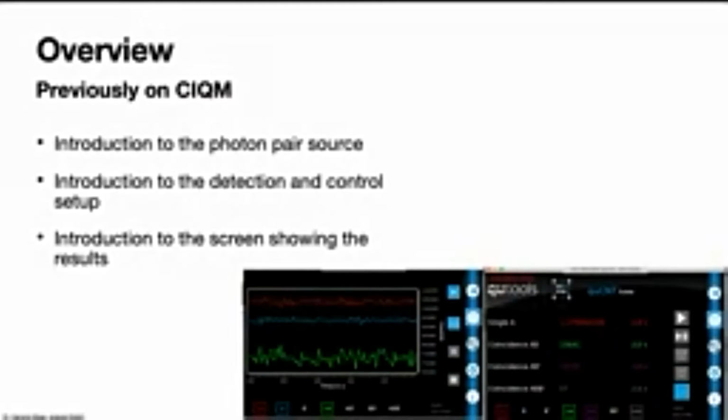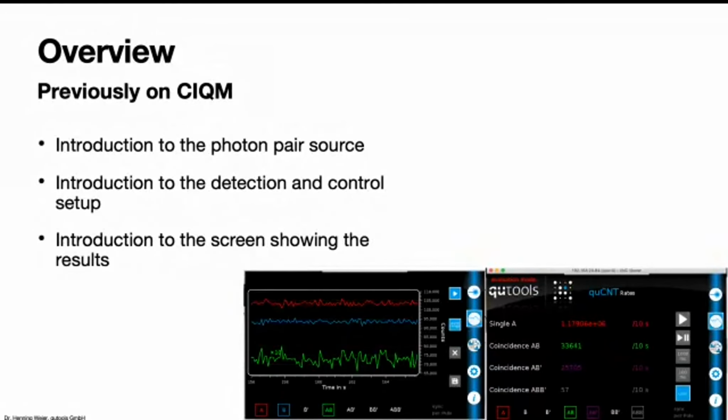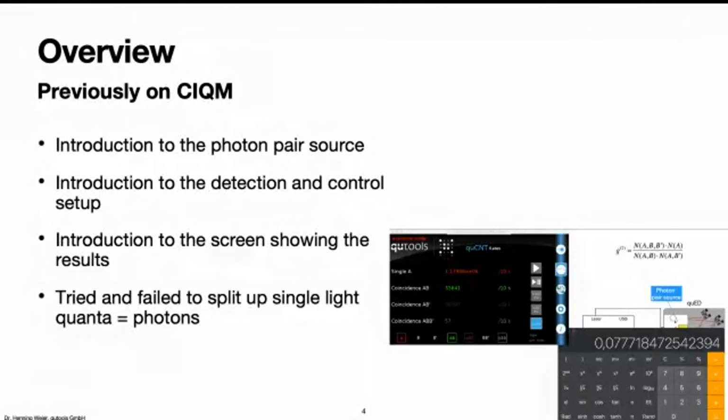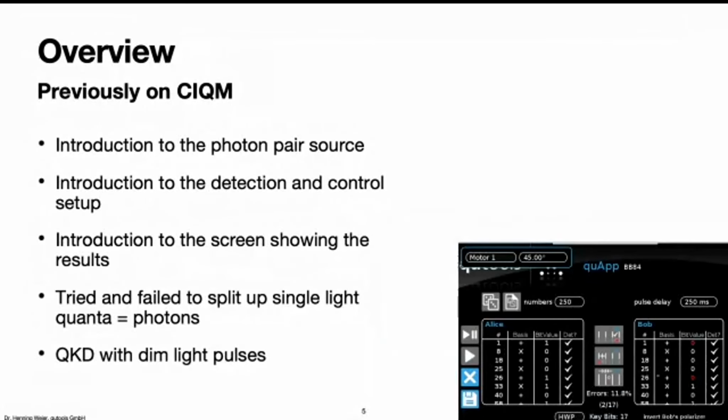We've seen, and we will see this again today, what our interface looks like. And as Professor Raymer has just reminded us, we've also calculated this G2 function and seen that it was rather close to 0, which meant that there were heralded single photons being produced.